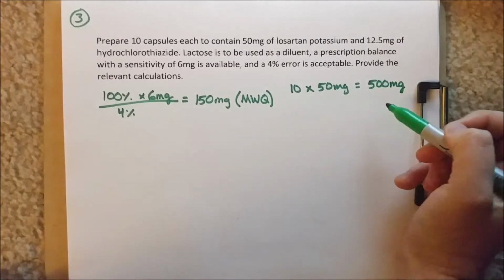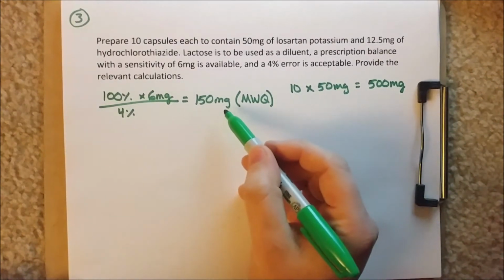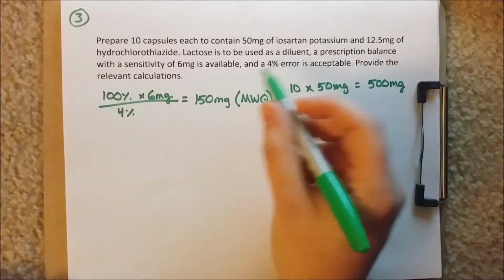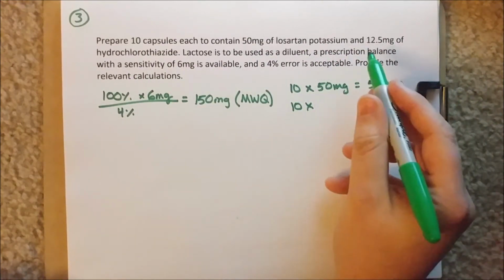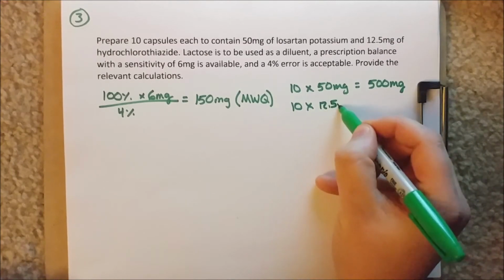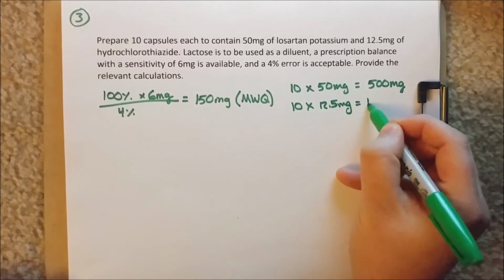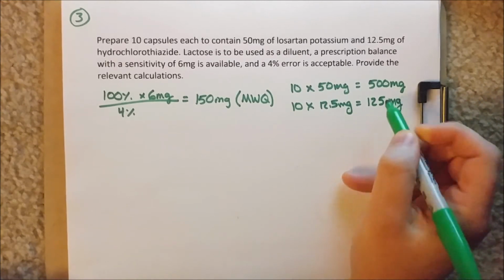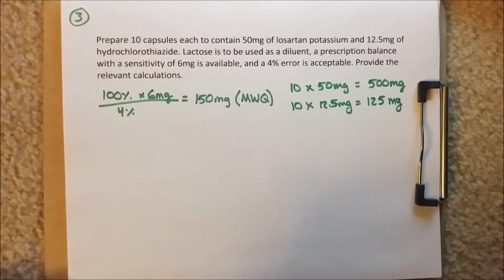We're okay with that one. We can weigh that because it is greater than our minimum weighable quantity. Let's check for the hydrochlorothiazide, which is 12.5 milligrams. And we are not okay with that one. 125 milligrams is less than the 150 milligrams of the minimum weighable quantity.